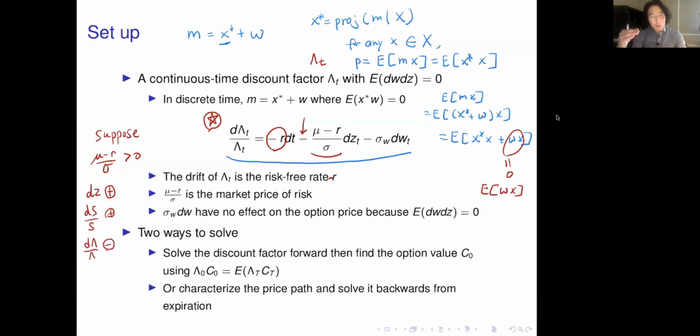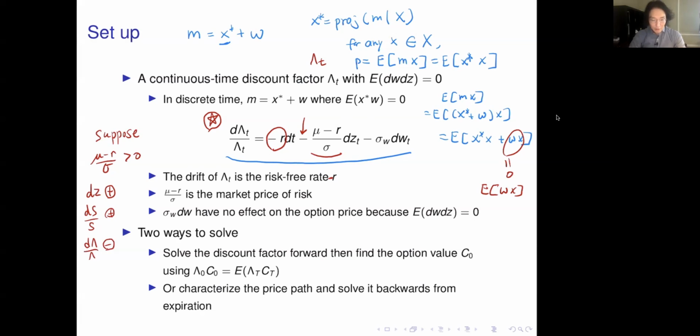So when the stochastic discount factor is low, it means the good state of the world, when the marginal utility is low. So this asset S has a negative correlation with the stochastic discount factor.